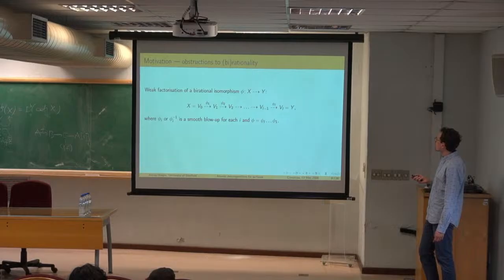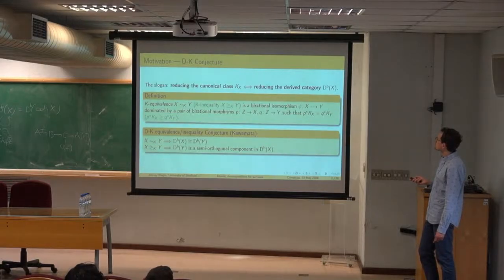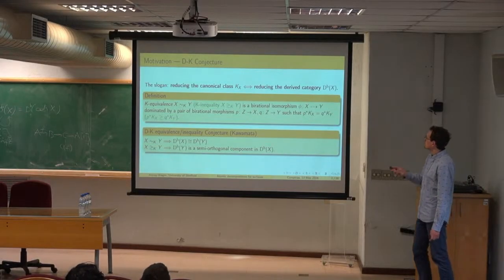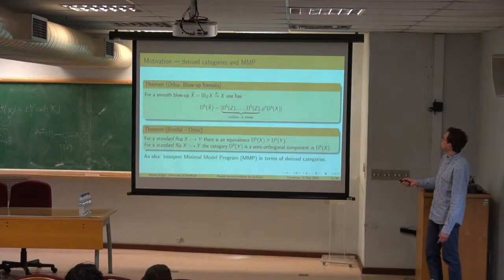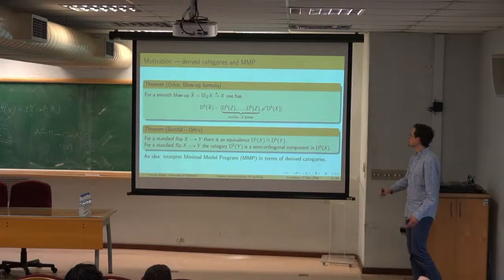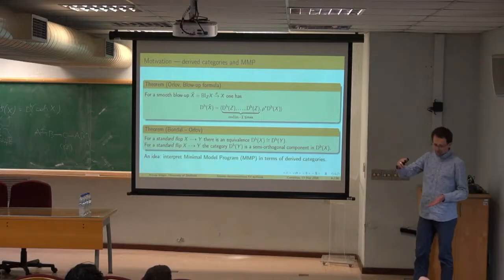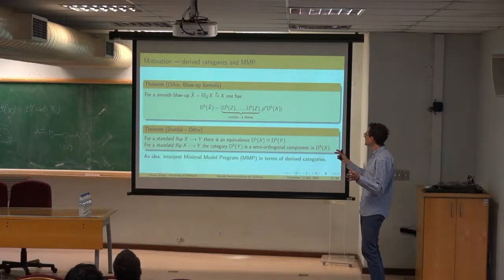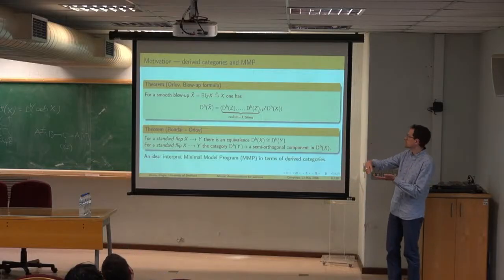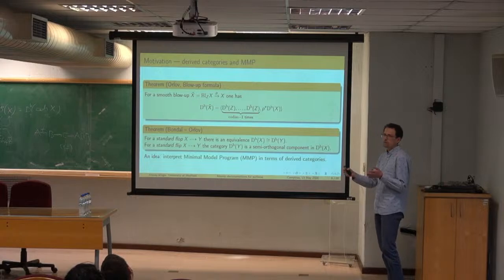Now let us see how we could approach such problems, and let us have a look once again at the blow-up formula. What we see is that for a blow-up, which is an elementary birational transformation, derived categories are obtained one from the other by adding some pieces that come from small dimension.